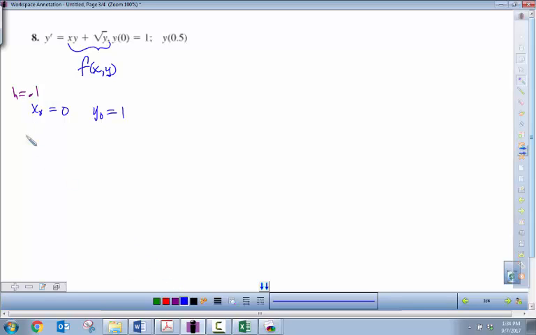And so we can list our x values already. So 0.1, 0.2, 0.3, 0.4, 0.5, and this is where we want to end.